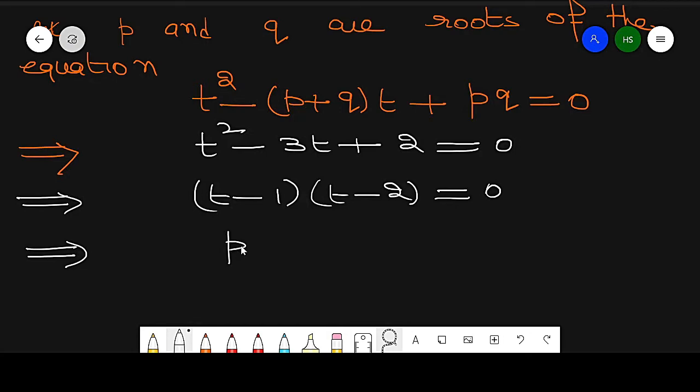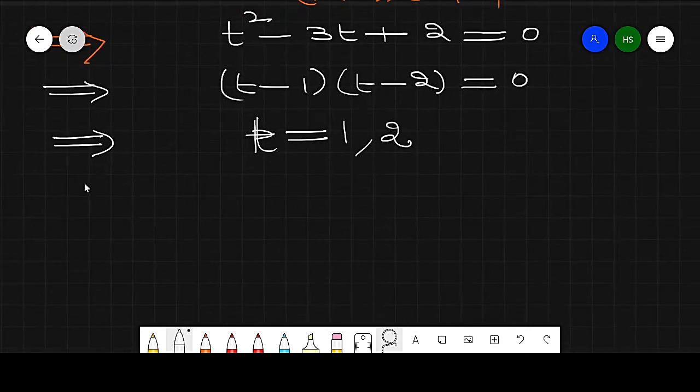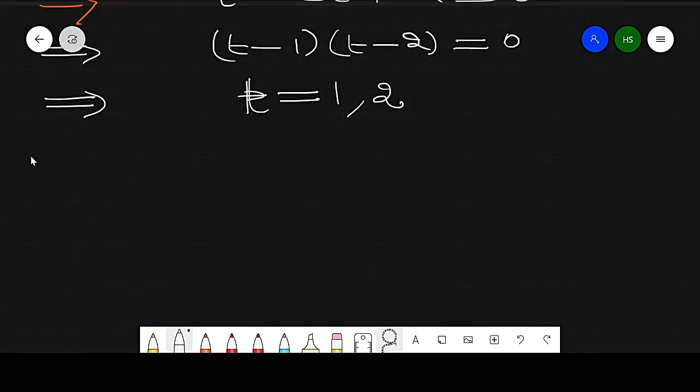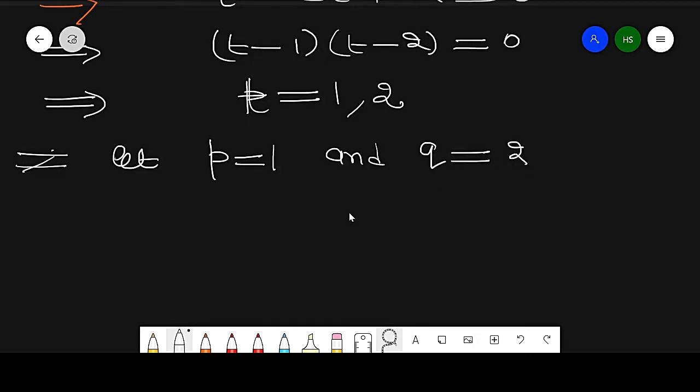It implies t is 1 and 2, so the roots are 1 and 2. Since p and q are roots, let p be equal to 1 and q equal to 2.